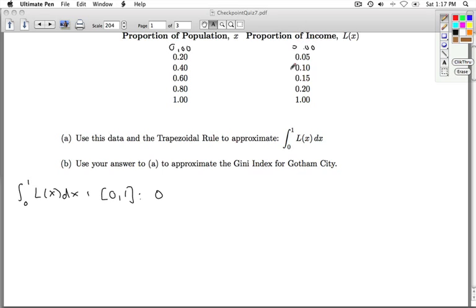It should be 0. So that's going to be okay. And the other partition points look like they're going in increments of 0.2. So we've chopped this interval up into how many pieces? 1, 2, 3, 4, 5 pieces.